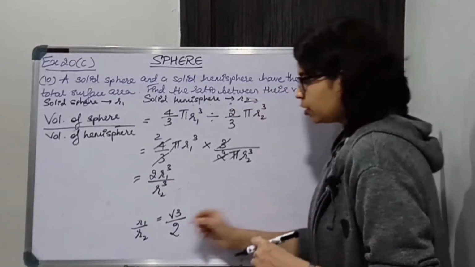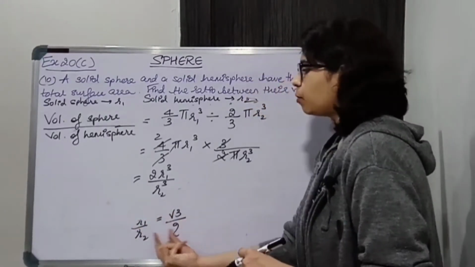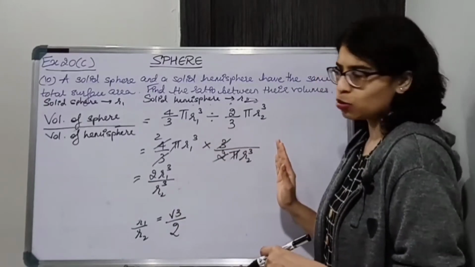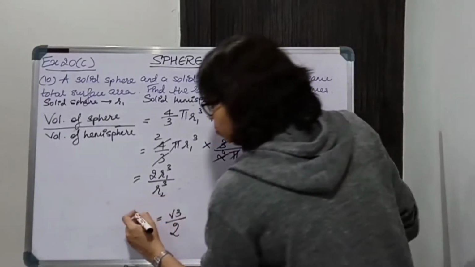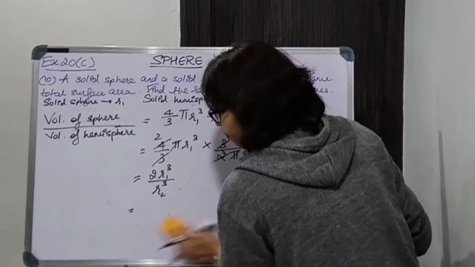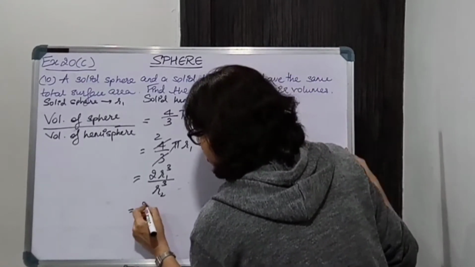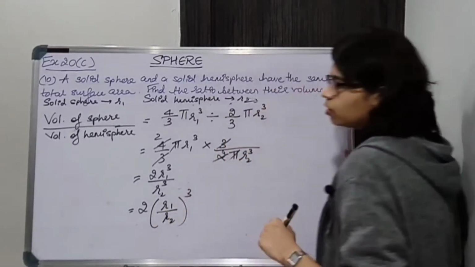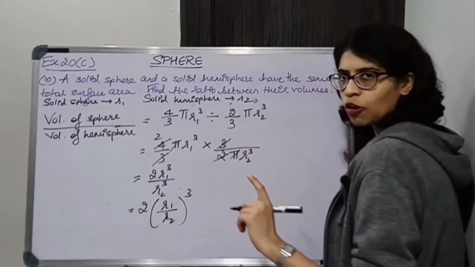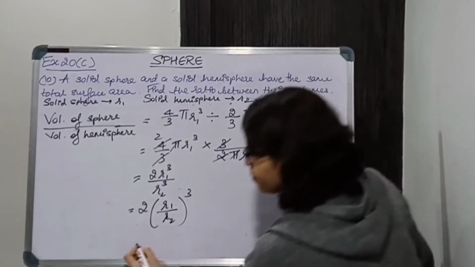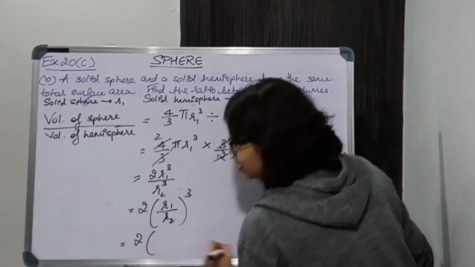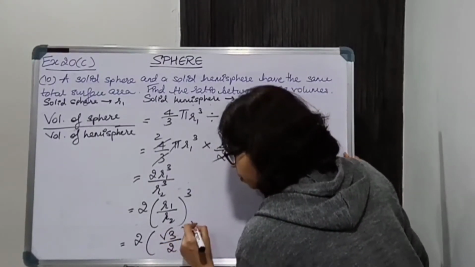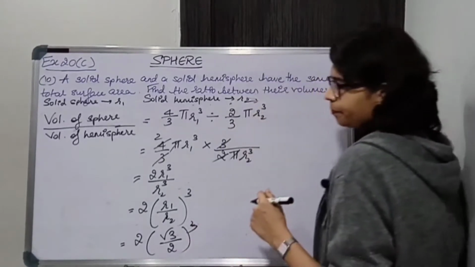Now you can also write R1 as √3 upon 2 R2 and just substitute that and solve it. ठीक है, R2 cancel हो जाएगा. Or you can follow this method that I am following. ठीक है, this is 2 into R1 upon R2 this whole thing का cube. ठीक है, दोनों में क्यूब है, so by law of indices I can take cube common. Now R1 upon R2 is nothing but √3 upon 2. So I'll substitute that, √3 upon 2 cube, sorry, not square.